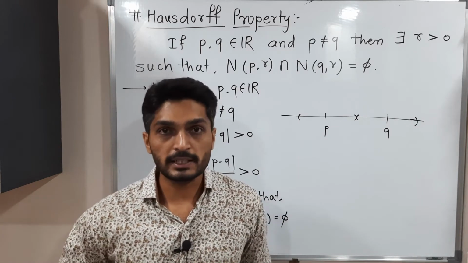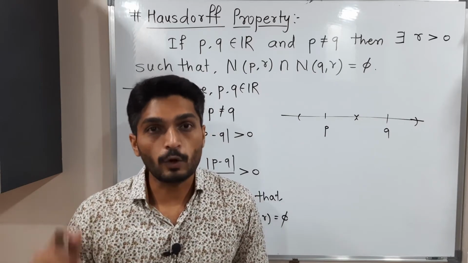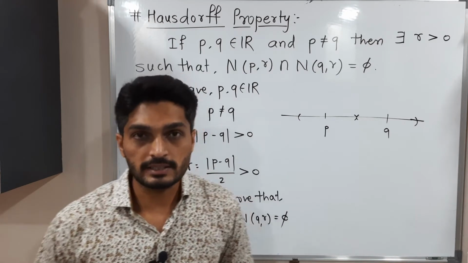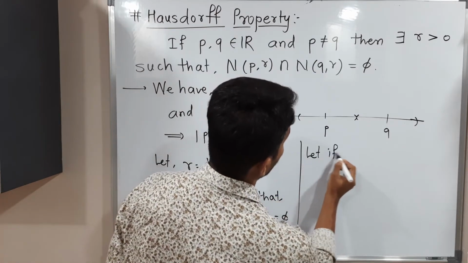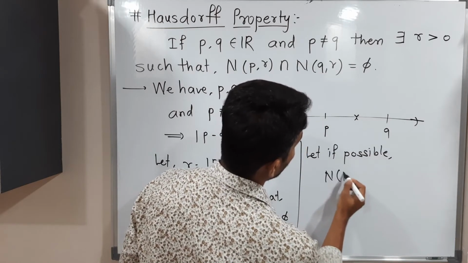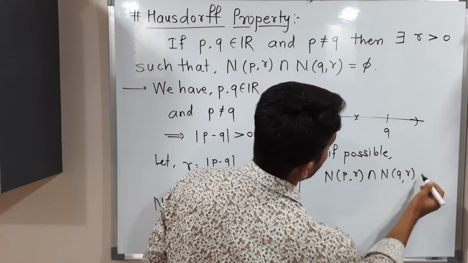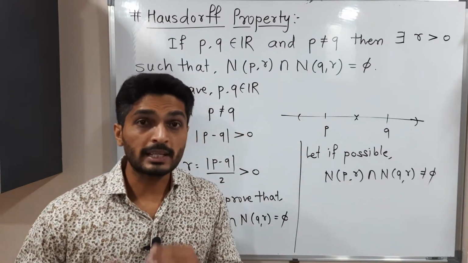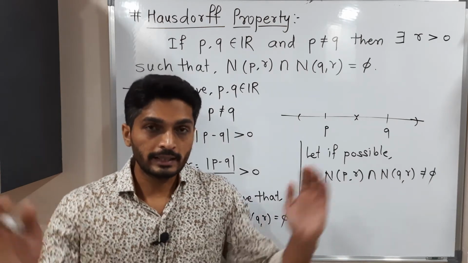Normally in mathematics, when we wish to prove something, we assume the contrary. And by solving, we get a contradiction somewhere and then we declare our assumption is wrong, and that's why we can write the result. So here also I will do the same. Let, if possible, neighborhood of p and neighborhood of q with radius r is not equal to phi. I am assuming exactly the opposite of the thing which we want. So it is not equal to phi. That means they intersect.